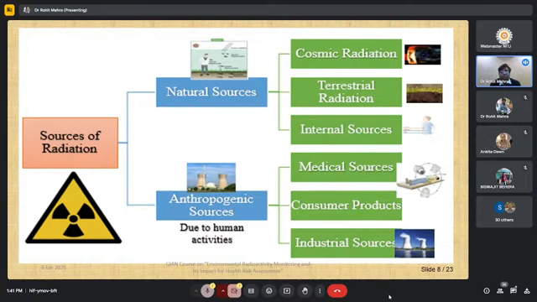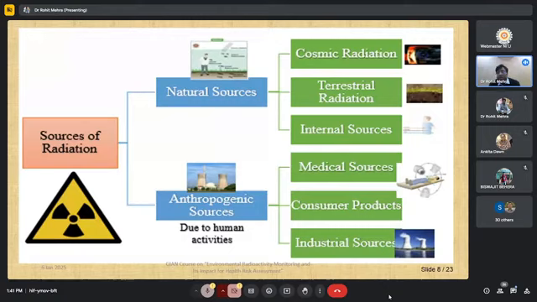If you divide radiation, it is basically of 2 types. One is natural sources, which we generally call cosmic radiation, terrestrial radiation, and internal sources. The other is anthropogenic sources, that is, those due to human activities.